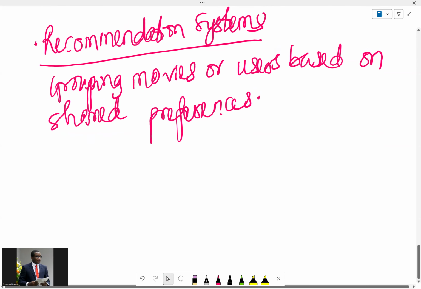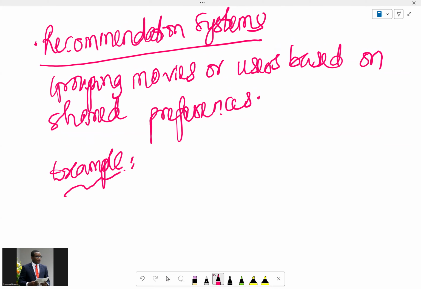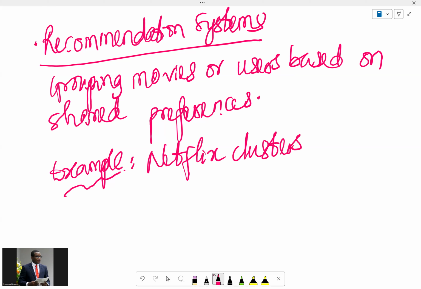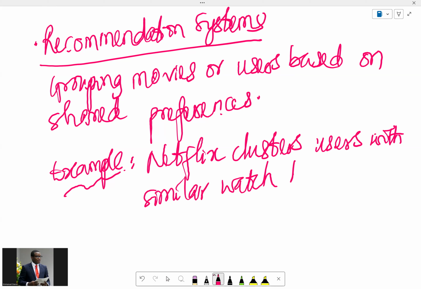An example could be that Netflix clusters users with similar watch histories to recommend new shows.